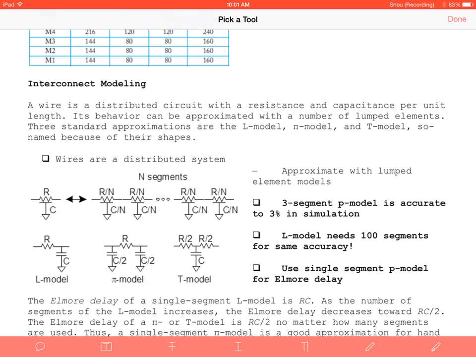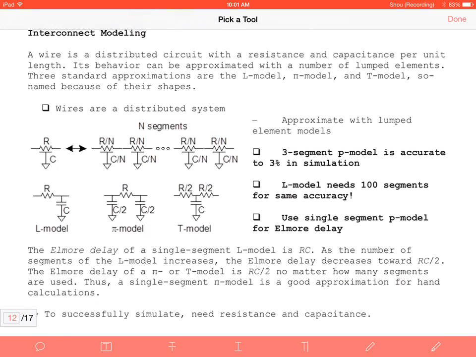And the T model splits the resistor in half and has the capacitance in the middle. Now, through experiment, it was determined that the pi delay model is significantly more accurate. In fact, you'd have to break the L delay model into 100 segments for the same accuracy as one pi delay model.